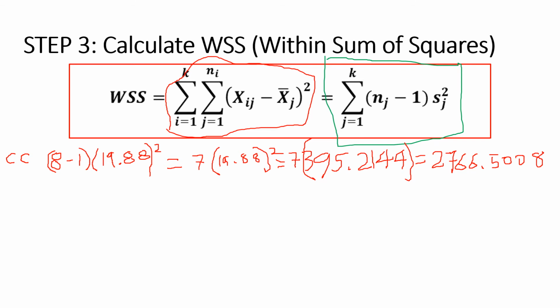Next we're going to do suburbs, I'll just call it the burbs. For the burbs, we have 8 observations, and our standard deviation for the suburbs was 12.66.